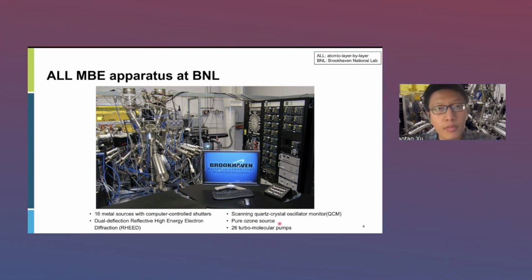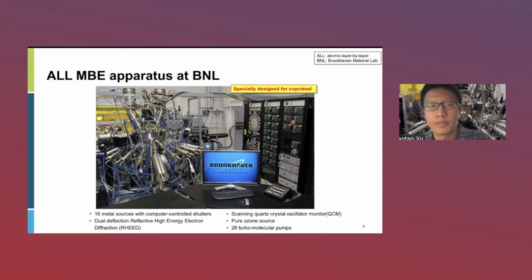The whole system is also highly modularized. It is equipped with over 26 turbomolecular pumps, which means that each part can be maintained and repaired without breaking the vacuum in other chambers. So in one word, the system is specially designed for the growth of cuprates.